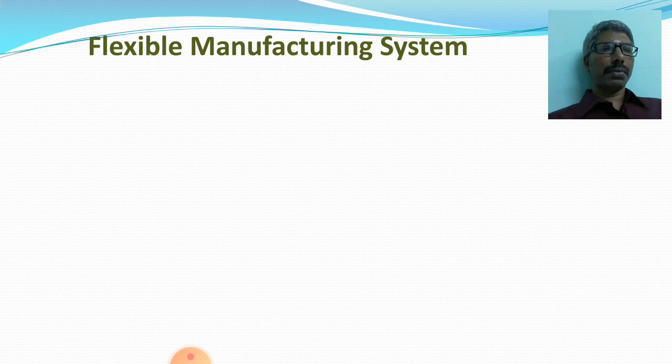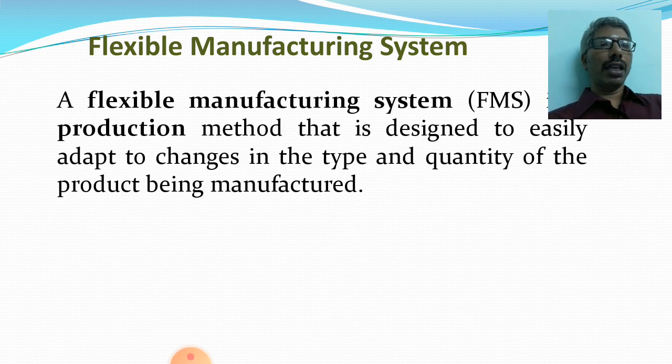The next system we are going to discuss is the flexible manufacturing system. Under this system, we are not keeping the material in advance, and we have the manufacturing system as a flexible one according to the order or specifications of the customers.